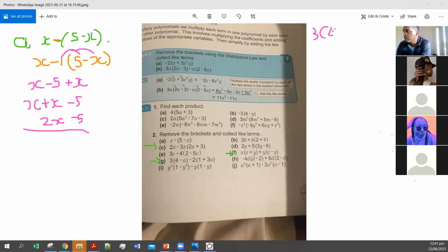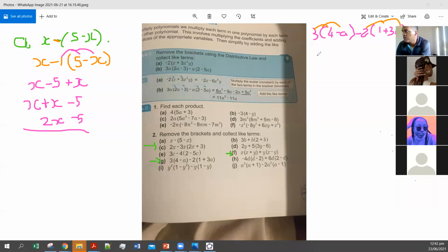So with number G, we had 3 bracket 4 minus A, close the bracket, minus 2 bracket 1 plus 3A. And this one again, I think this one is straightforward, simple. Everything multiplies in the bracket. This is a -2 that multiplies everything in the bracket.